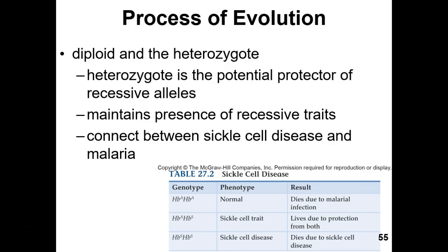My favorite example, the one that I know the most about, is sickle cell disease. Again, we talked about this a few times now, but in this case, the sickle cell allele is a single mutation that occurs in the hemoglobin gene, where one nucleotide has changed, and the entire hemoglobin protein misfolds.